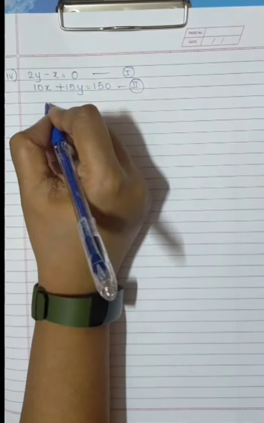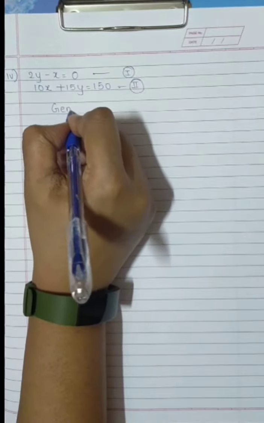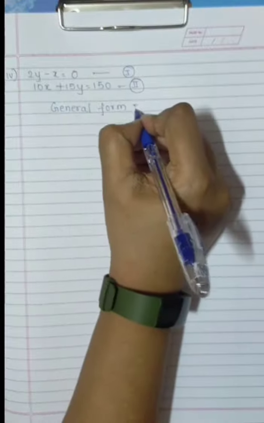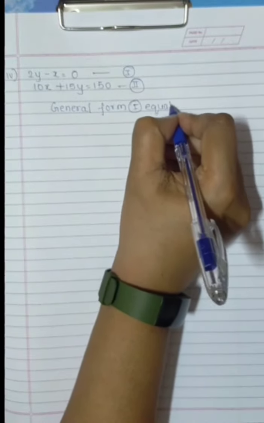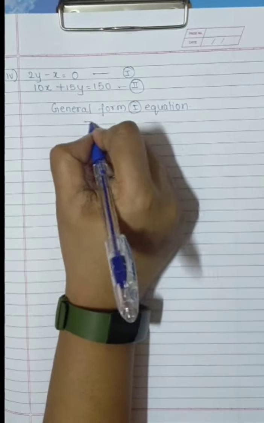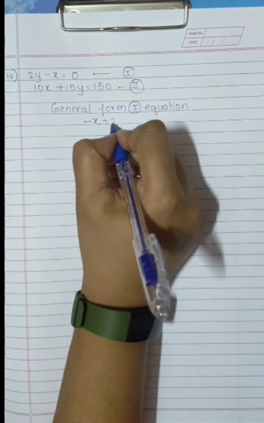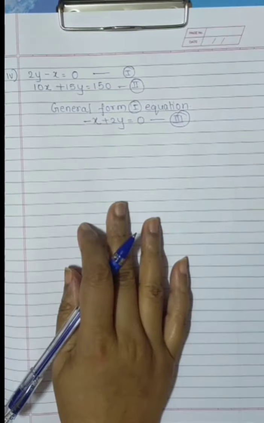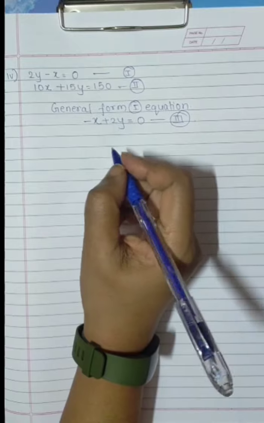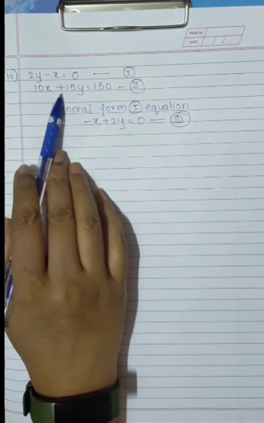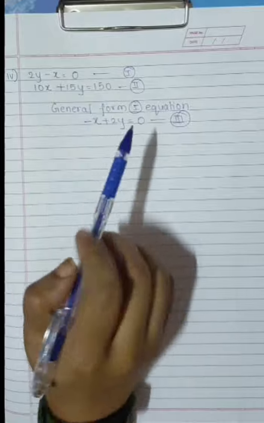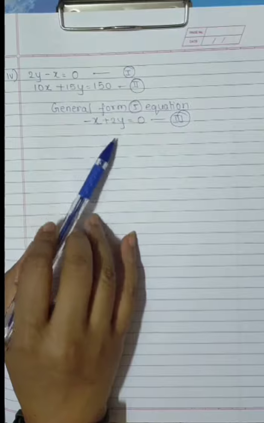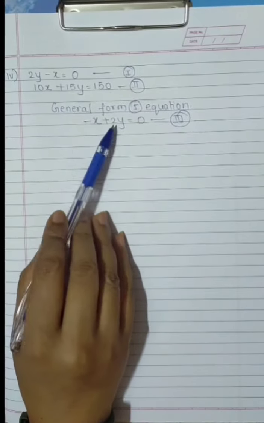So we will write in general form. We are going to write the first equation, that is minus x plus 2y equal to 0. This is our third equation. Okay, now as you can see, we have 10x plus 15y equal to 105. Here 10x, here 1x, here 15y, here 2y.